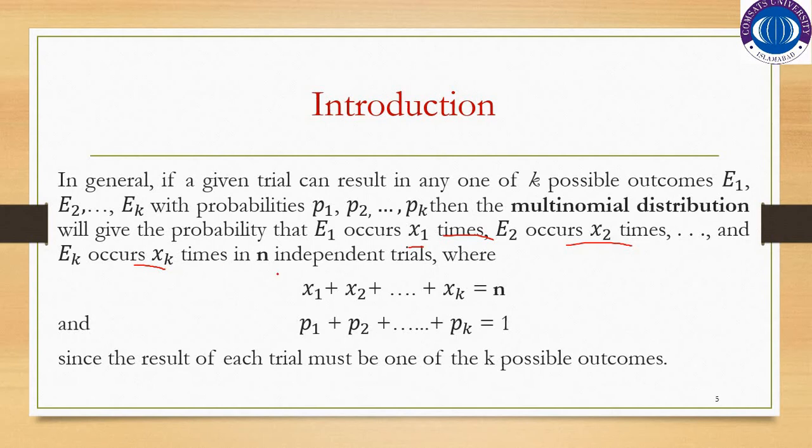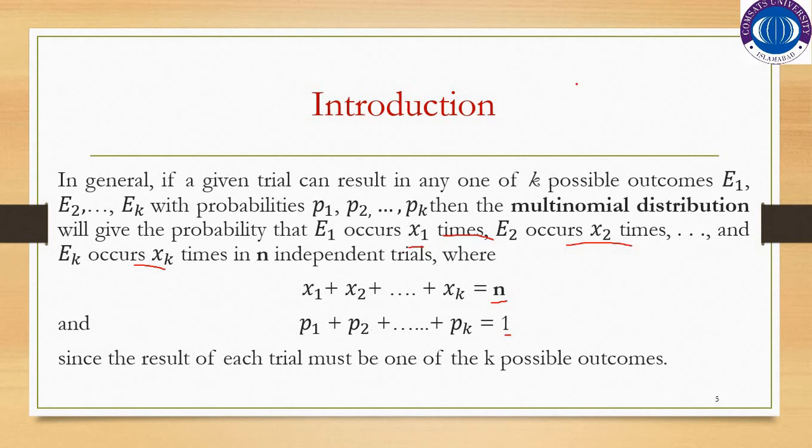independent trials, as our trials are independent because multinomial is the extension of the binomial distribution. So x1 is the number of times E1 occurs, x2 is the number of times E2 occurs. When we sum up all these, it will be equal to small n, which is the number of trials. And as we know, the total probability is always 1.